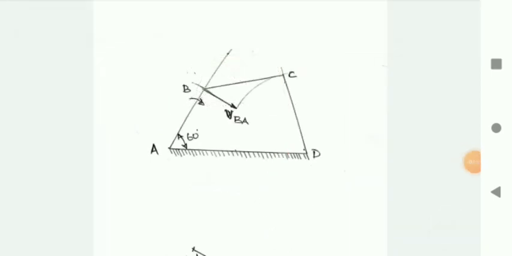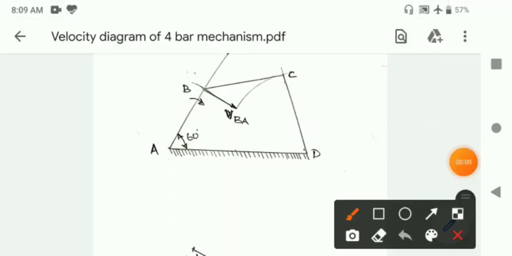After this, we have to go to the next link. The next links are the connecting rod BC and the output link CD. And we have also seen that link BC has a general planar motion, and link CD, or the output link, has a rotational motion.